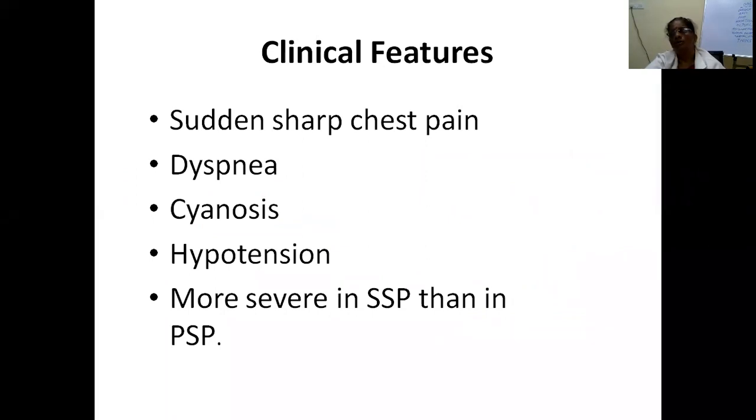Pneumothorax is an acute case. Sudden sharp chest pain followed by dyspnea is classical for pneumothorax, and there will be cyanosis and hypotension because of the pressure on the heart. These symptoms are more severe in SSP, secondary spontaneous pneumothorax, than in primary spontaneous pneumothorax.